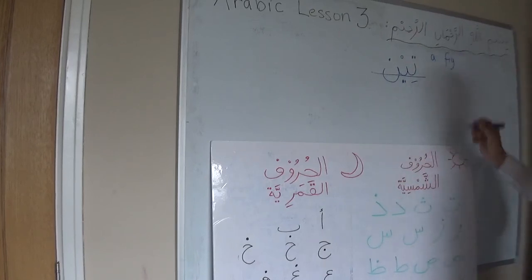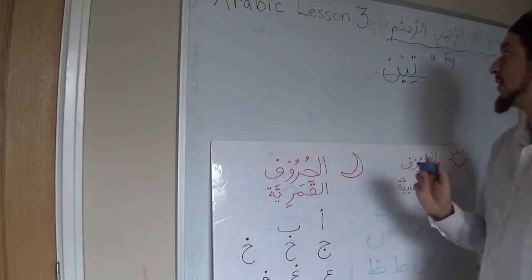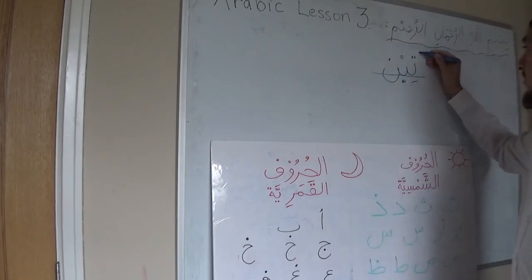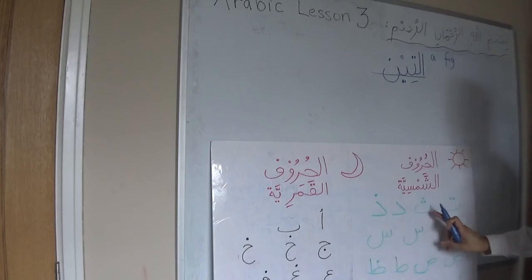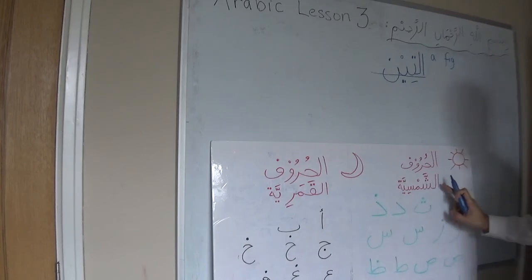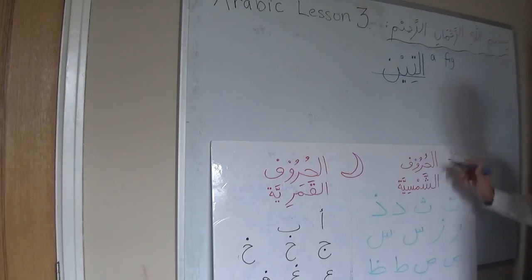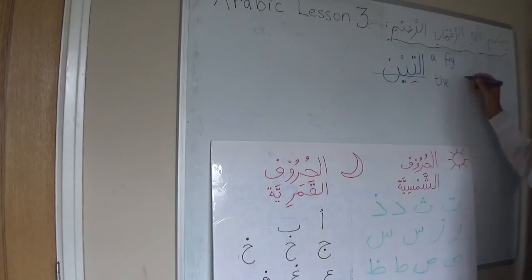So when we have alif lam, alif lam is to specify. If I put alif lam in front of teen, wherever I say it's from ash-shamsiyya. So here's alif lam for shamsiyya, the sun letters. The alif lam has made it the fig. I've specified exactly. We know which one we're talking about.